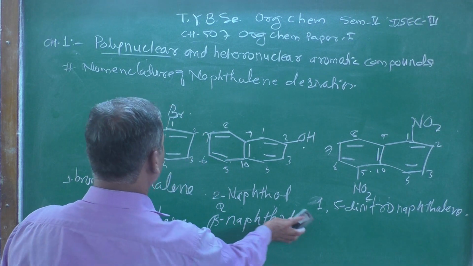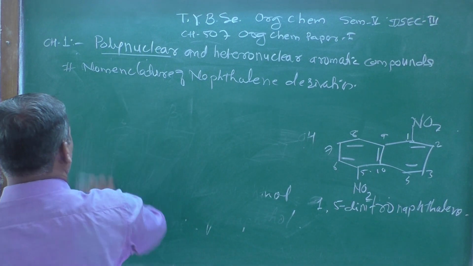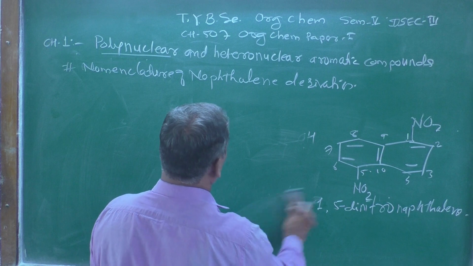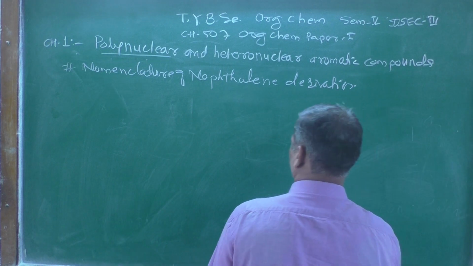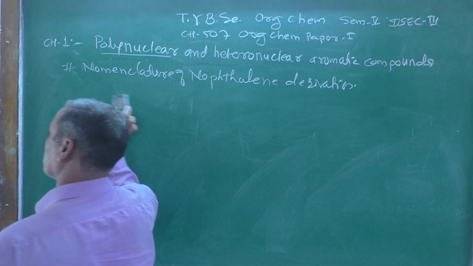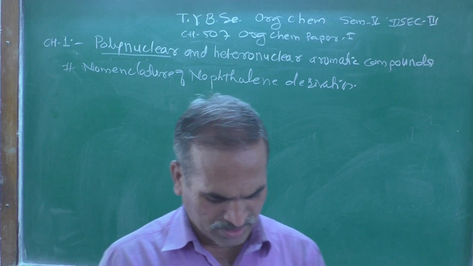Now let us move on to some more examples. Essentially we are discussing the nomenclature of naphthalene derivatives. So let's see some other example over here.